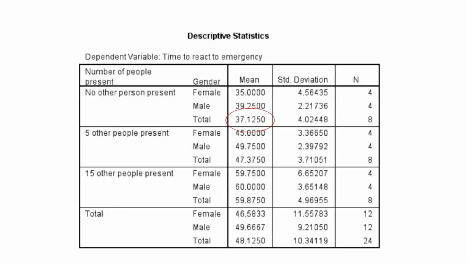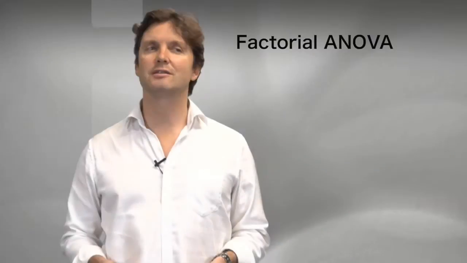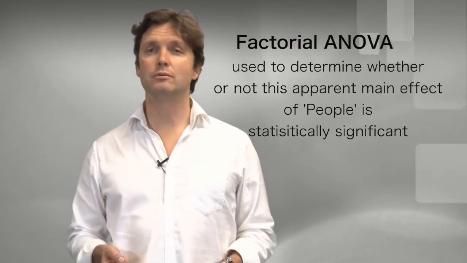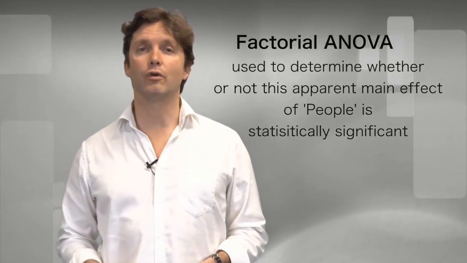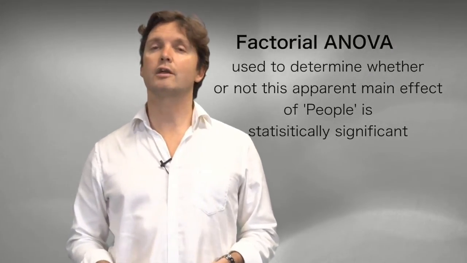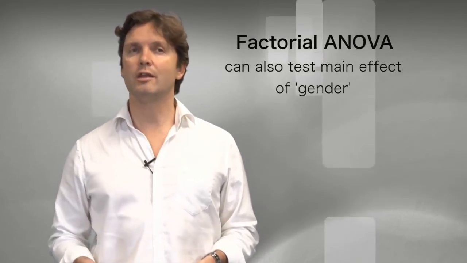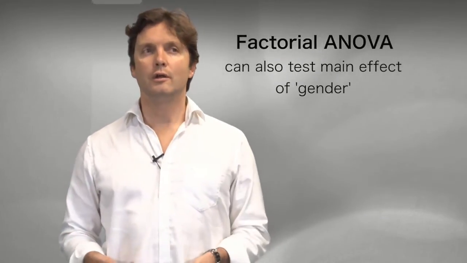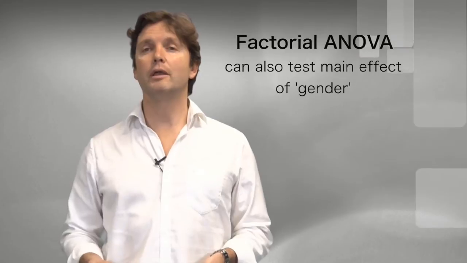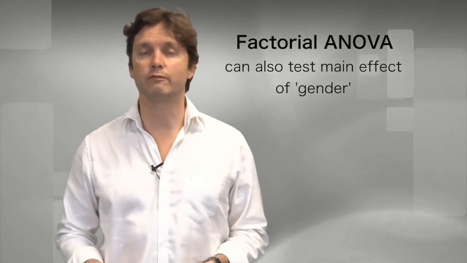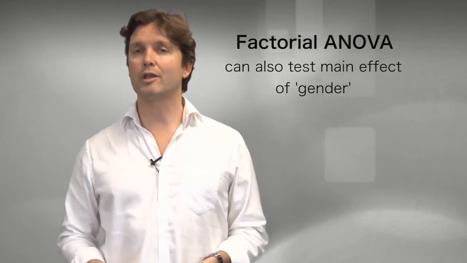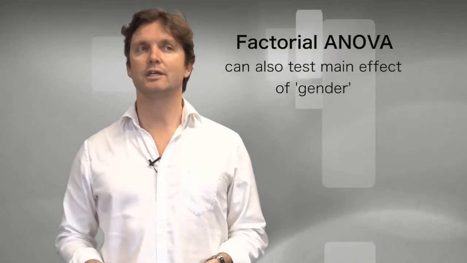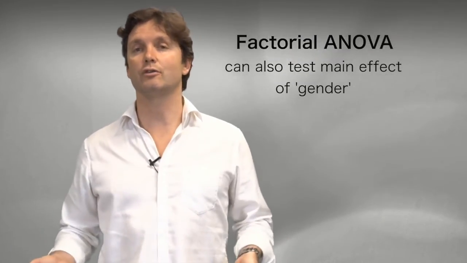The Factorial ANOVA can be used to determine whether or not this apparent main effect of people is statistically significant. Similarly, the ANOVA can test the main effect of gender. That is, whether or not the difference between the female mean response time, which was 46.58 seconds, and the male mean response time, 49.67 seconds, is statistically significant or not.